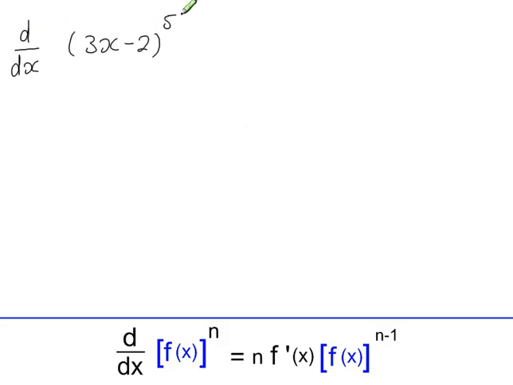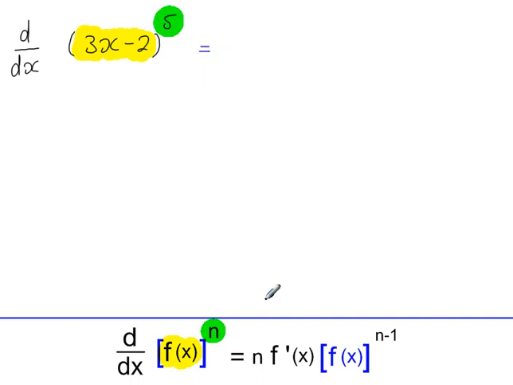Differentiating 3x minus 2 to the power of 5. So 3x minus 2 is the function on the inside, like this. There's the f of x, that's the 3x minus 2, and that's to the power of 5, and n here represents that power of 5.